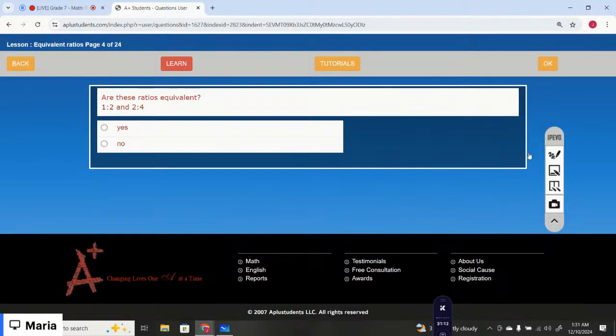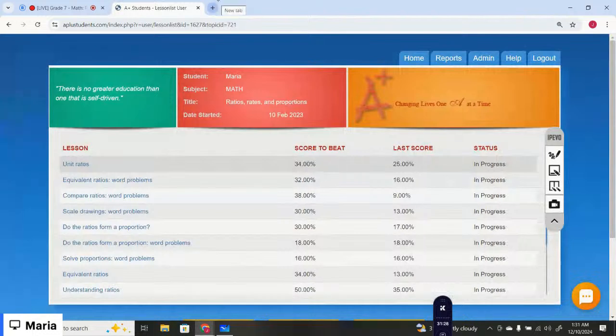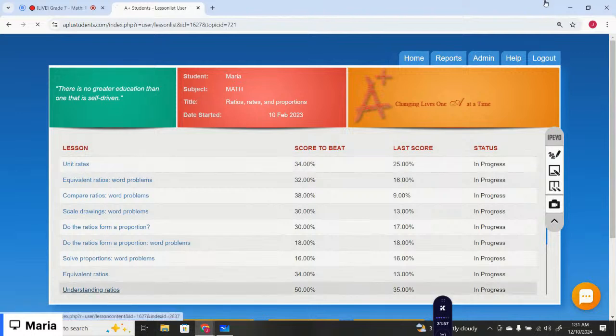Let me just move on to the next lesson. The next lesson is understanding ratios.